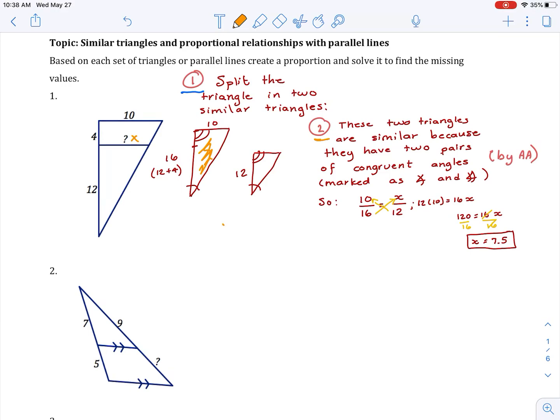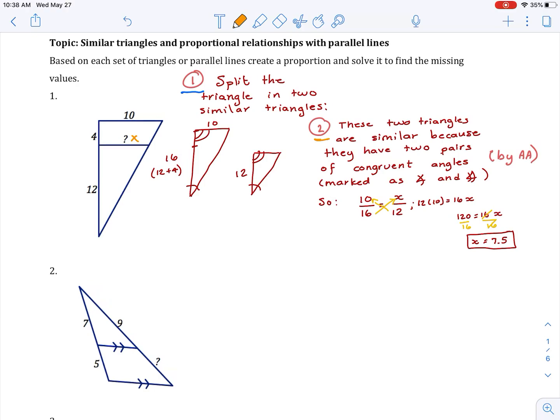They're going 10 over 16. Those are parts from the big triangle, is equal to x, which is our question mark, over 12.